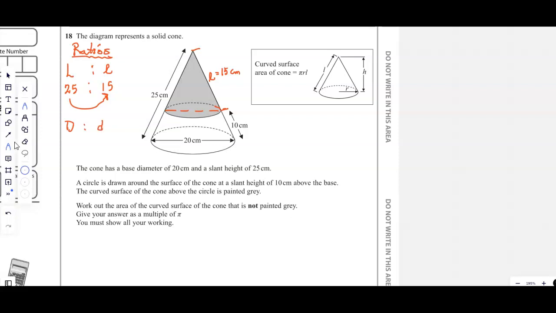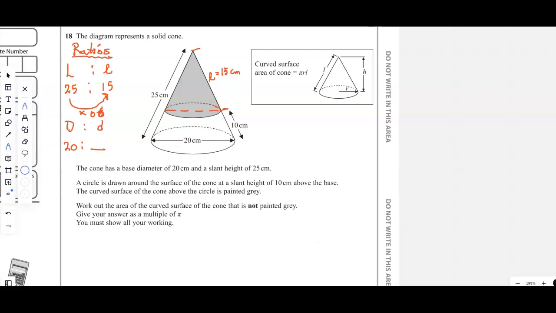This is 20 centimeters, but we need to figure out what the small one should be. So we need to work out the ratio. If we divide 15 by 25, we get 0.6.